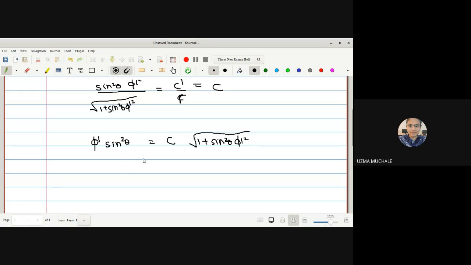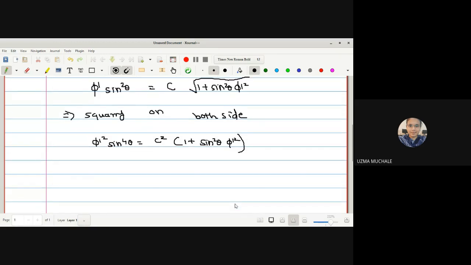Now squaring on both sides, what we get, phi dash square sine raised to 4 theta is equal to c square in bracket 1 plus sine square theta phi dash square. Because I hope you understand the square root is there and we are squaring, so both will cancel one another.